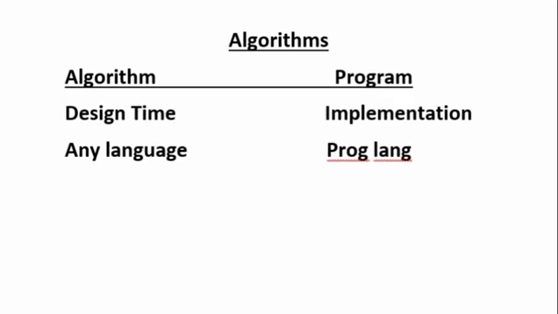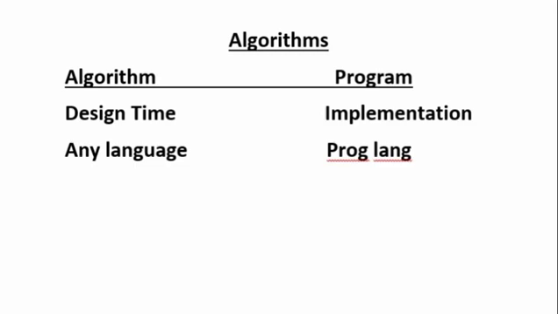It should be in a language that the designer himself or herself understands, and the programmer also understands that algorithm and then writes a program for it. So both of them must be able to understand the language in which you are going to write that algorithm.